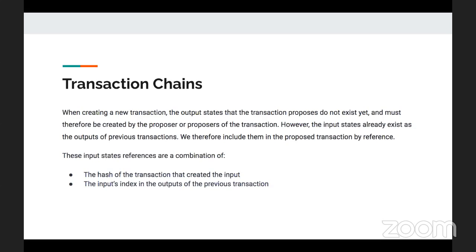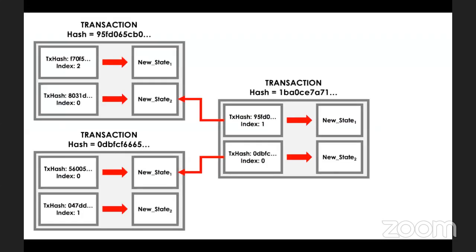The input state references are constructed as a combination of hashing the transaction that you call the input. So when you call an input state, that corresponding transaction is hashed. And then we also calculate the index of the input as the output of the previous transaction. This is how the chaining happens in the transactions. So you can visualize this better in this diagram, right?